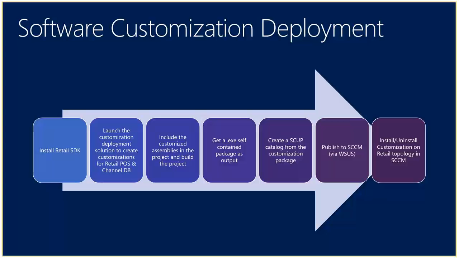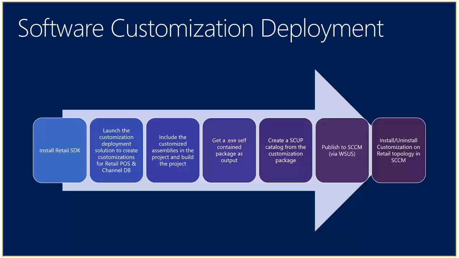So if you look at the steps here, initially you launch the retail SDK, you open the customization deployment solution to create customizations for your retail POS and your channel DB. You open that in Visual Studio. Then you build out your customizations, whatever these need to be.